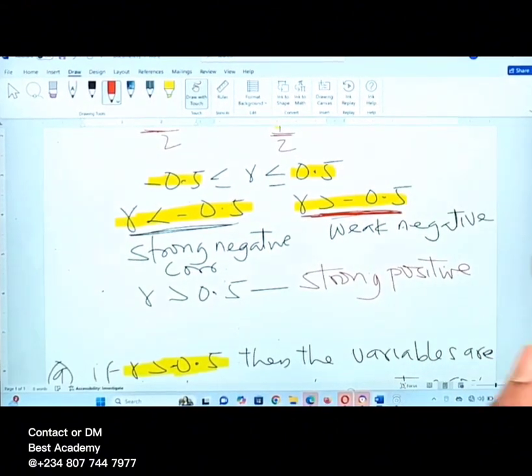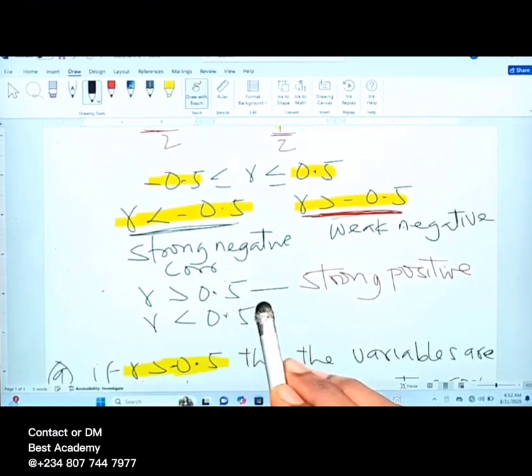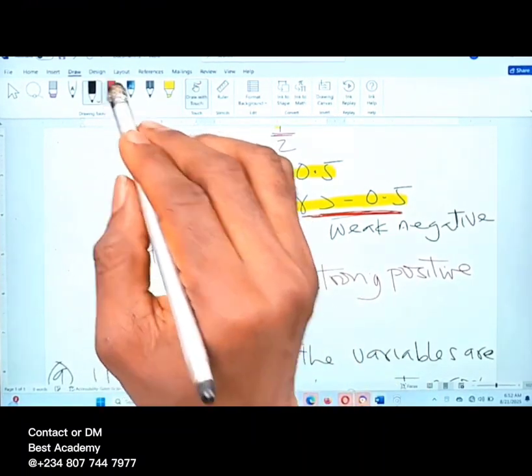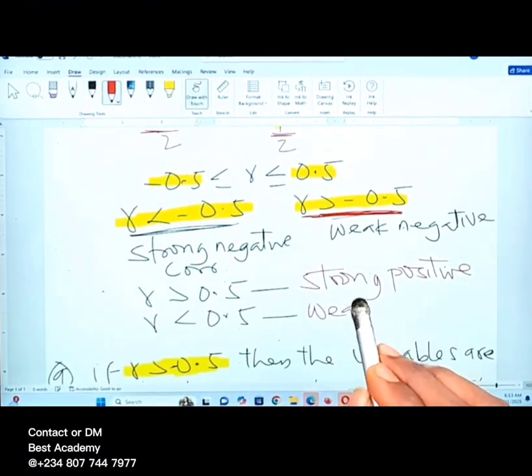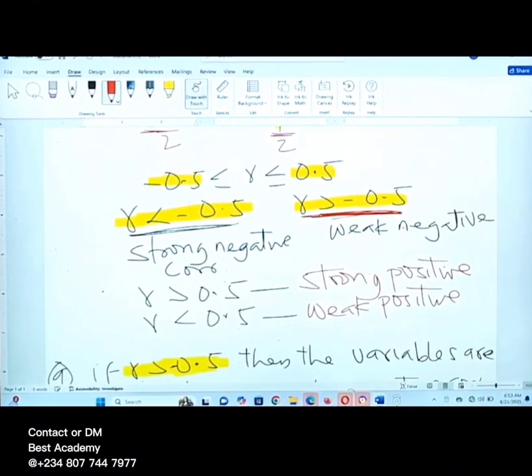Please take note. If R is less than 0.5, we call this weak positive correlation.